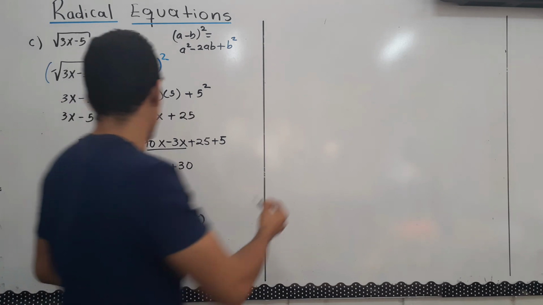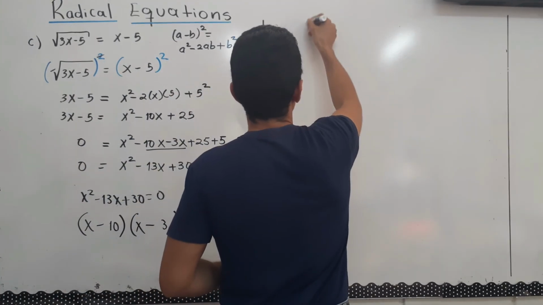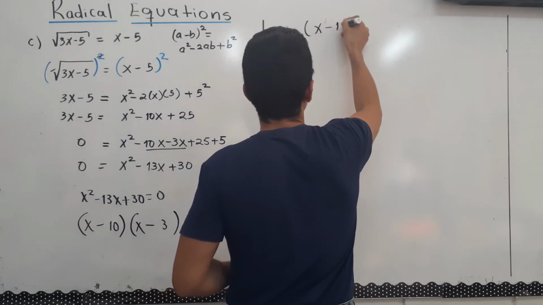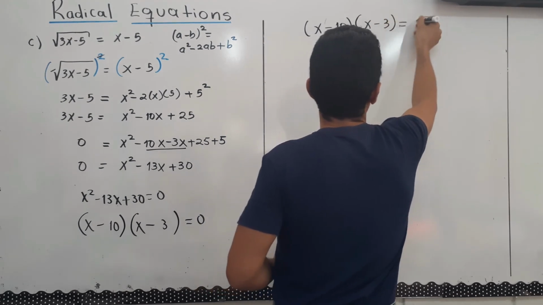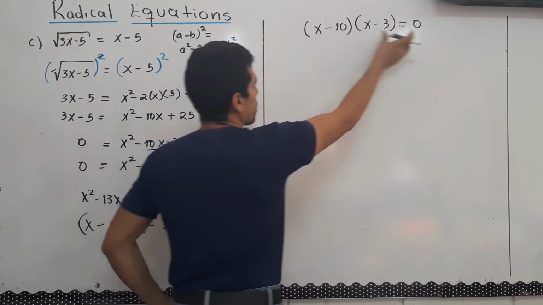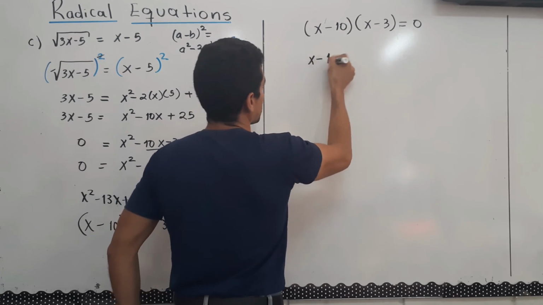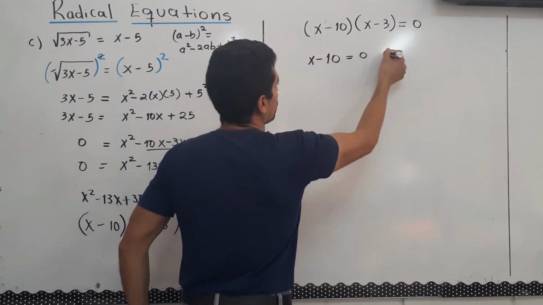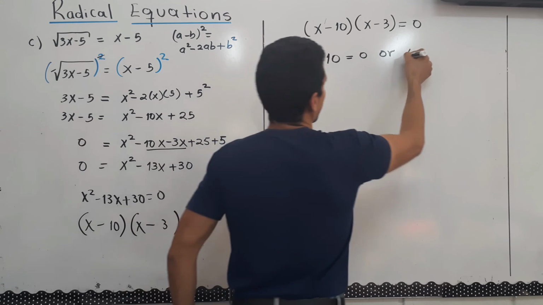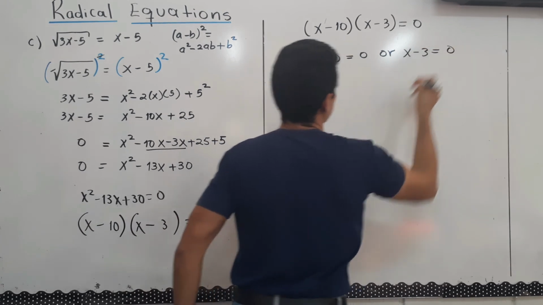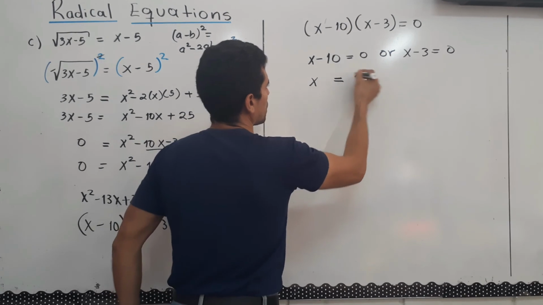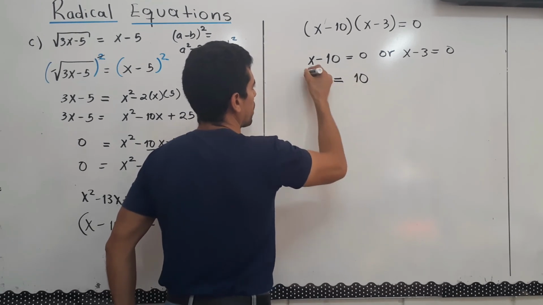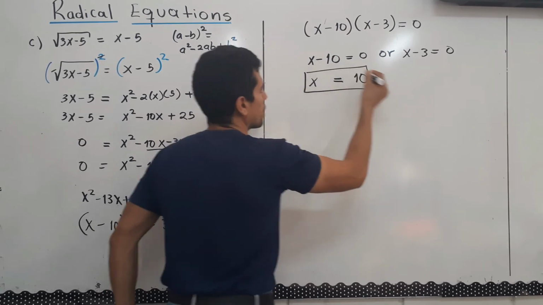Now you have to do the isolation of this. How will you do the isolation of this? So I'm going to copy the exercise here. This is a product equal to 0. So you equal each factor to 0. Then x minus 10 equal to 0, or x minus 3 equal to 0. Then you isolate for this. Okay, negative, positive. So you have one solution.